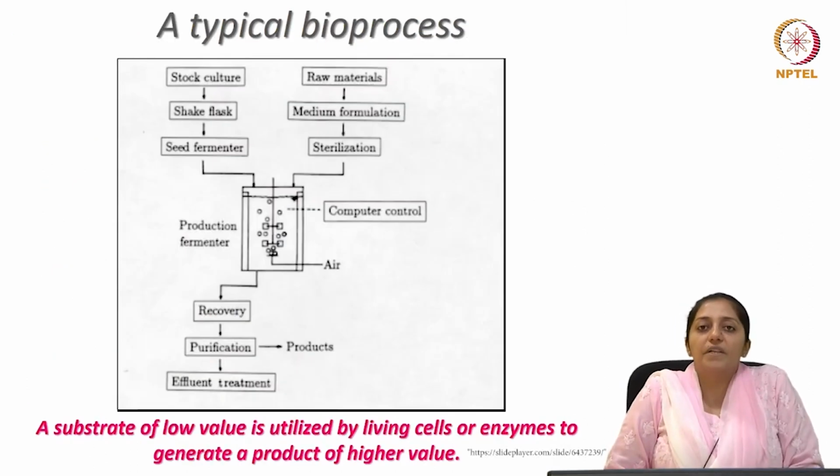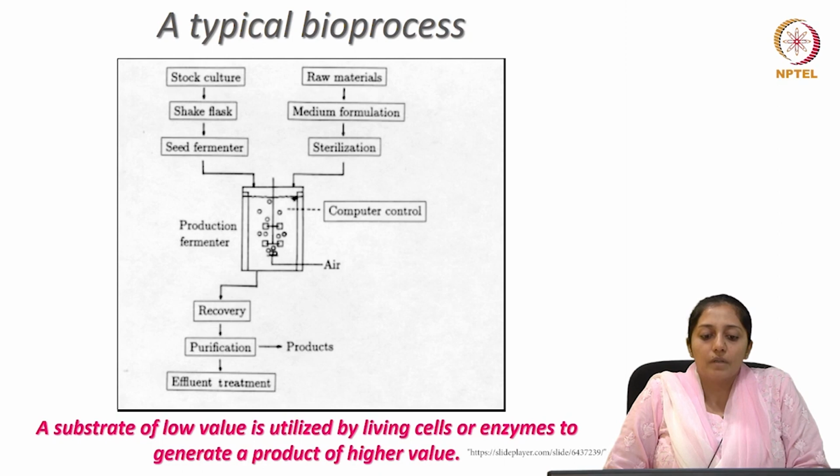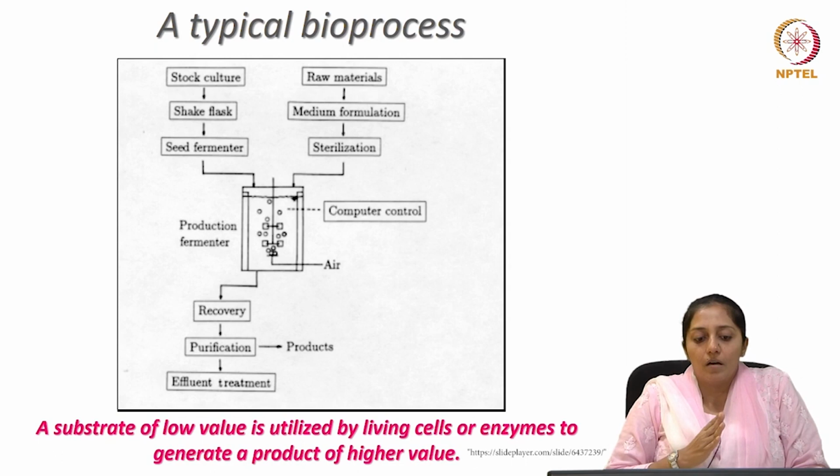Let's see what a typical bioprocess is. Now this is a schematic which shows the different steps involved to convert a low-cost substrate to a high-cost product. So in a typical bioprocess, on the left-hand side top corner is the stock culture.